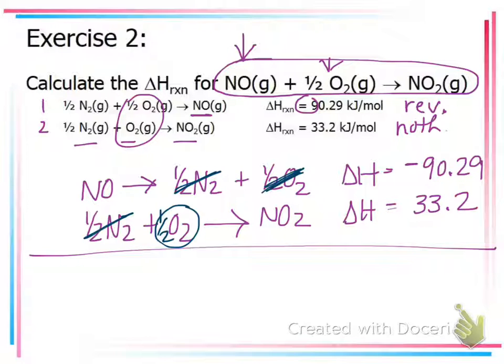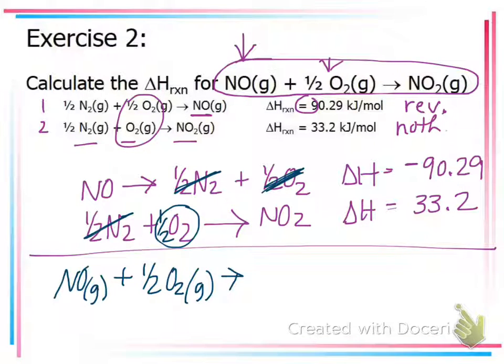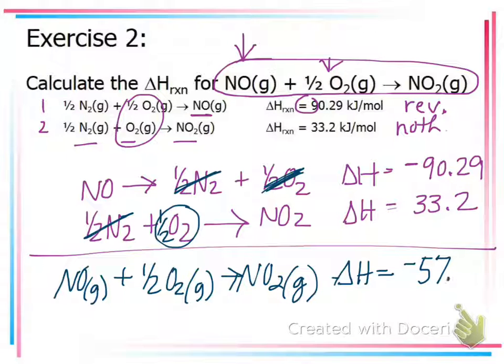So that my overall equation now is NO gas plus half an oxygen molecule gas yields NO2 gas. So it adds up to what I need it to do. So then when I add my delta H's, my final delta H would be a negative 57.1 kilojoules per mole. And that's delta H of reaction, so I need to write that.